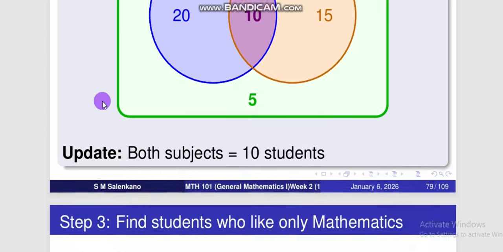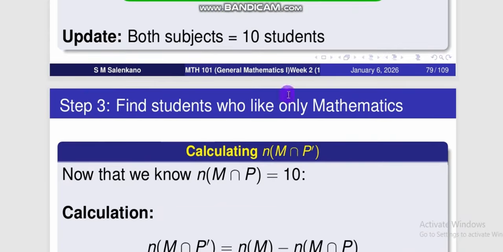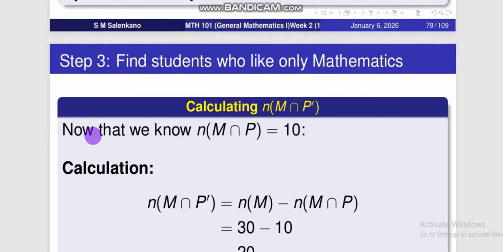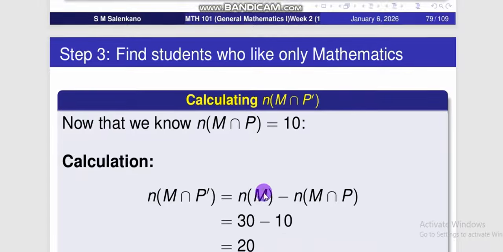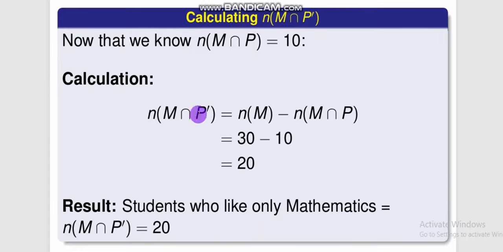Now moving on, look at they say find students who like only mathematics. You see, now that we know the intersection, the number of n intersection p, we know this is 10. We know that for math only, it should be the total for math minus those who like math and physics, right?